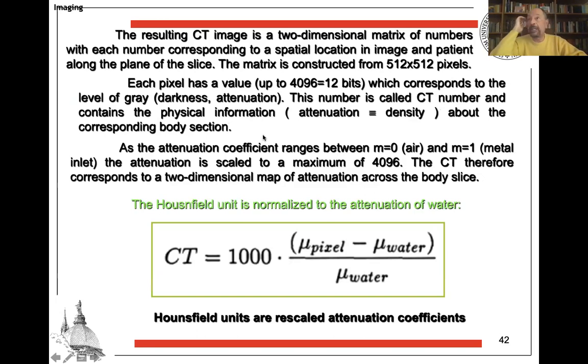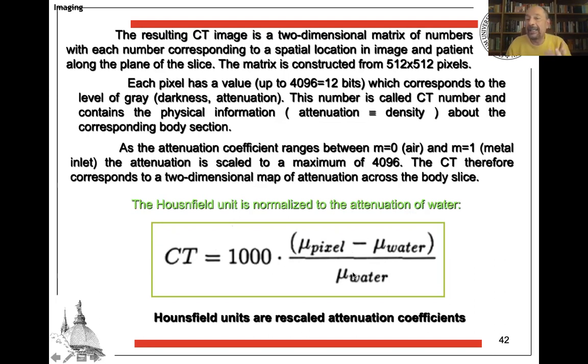A black pixel means very little attenuation, and a white pixel means very high attenuation. This number is called the CT number or Hounsfield unit, and is expressed in this way: the CT number, in Hounsfield units, is 1000 times the attenuation coefficient in the pixel minus that of water, divided by that of water.